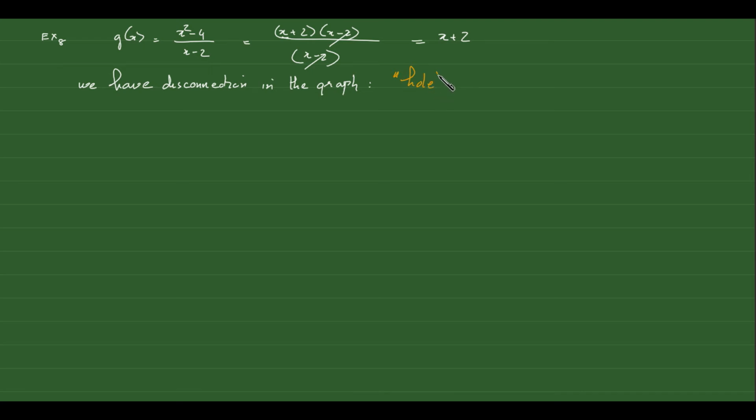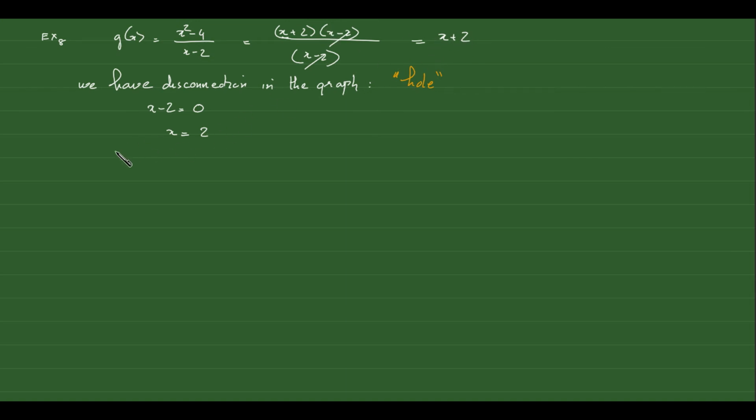Alright, and we can find the coordinate for that hole. So how are we going to find this? Because we cancel x minus 2, right? So if we set it equal to 0, you have x equal 2. Then we're going to plug it into the function after we cancel.